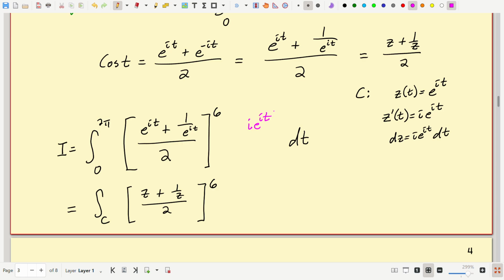Then I'd have a dz. Well, if I give myself that, something I want, I'd have to also take it away. So I'll multiply by 1 in that form. And that's a brilliant thing to do because this thing here is my dz.